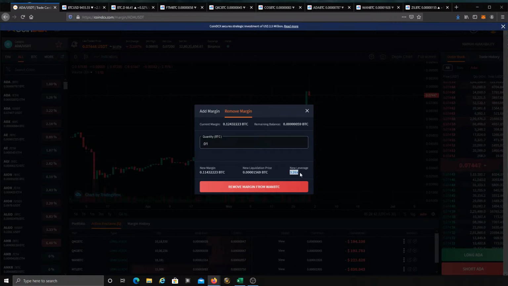Now it's showing that if I took 0.01 out, I'd be up to a 3.2x, and it would also raise my liquidation price. Here's my current margin, so I got 0.12 in it, and my new margin would be 0.11. So I'd be pulling the money that I have in the position out, but it would raise my leverage and raise my liquidation price.